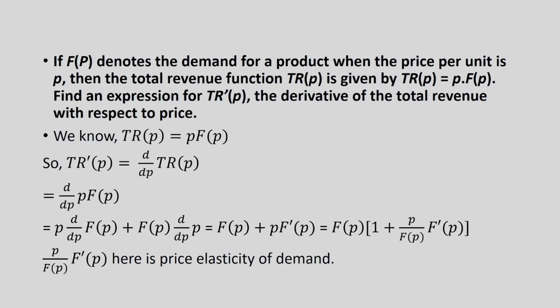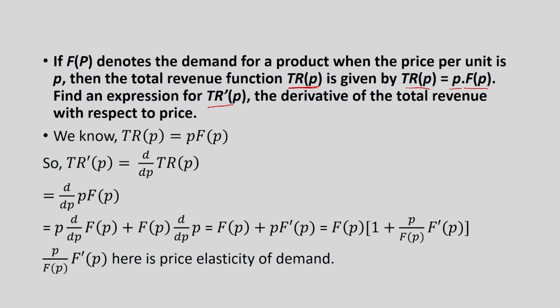If f of p denotes the demand for a product when price per unit is p, then the total revenue function TR(p) is given by TR(p) is equal to p multiplied by f(p). Find an expression for TR prime p, the derivative of the total revenue with respect to price. Okay, that is what we are supposed to do.